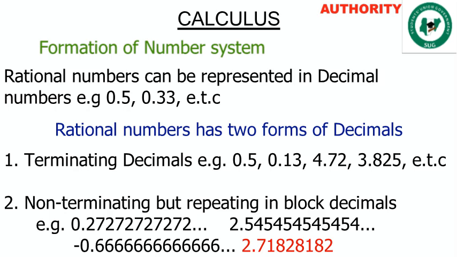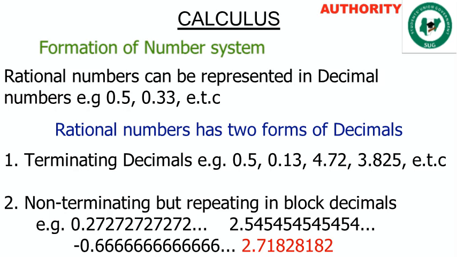It's continuous, and it is repeating itself. 3, 3, 3, 3, 3, 3. That is repeating in blocks. You get it? Good. Now, let me show you an example of this non-terminating but repeating in blocks.